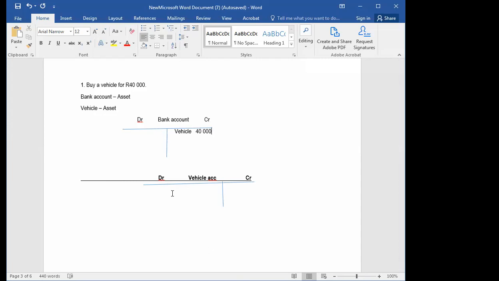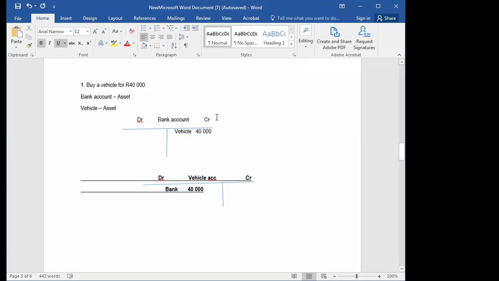Then we will have three vehicles in our business. Therefore, there is an increase in our vehicles. Now, this vehicle has been bought, therefore it will increase on which side? On a debit side. Yes, on a debit side. How much is the money? It's 40,000. Then we are done.